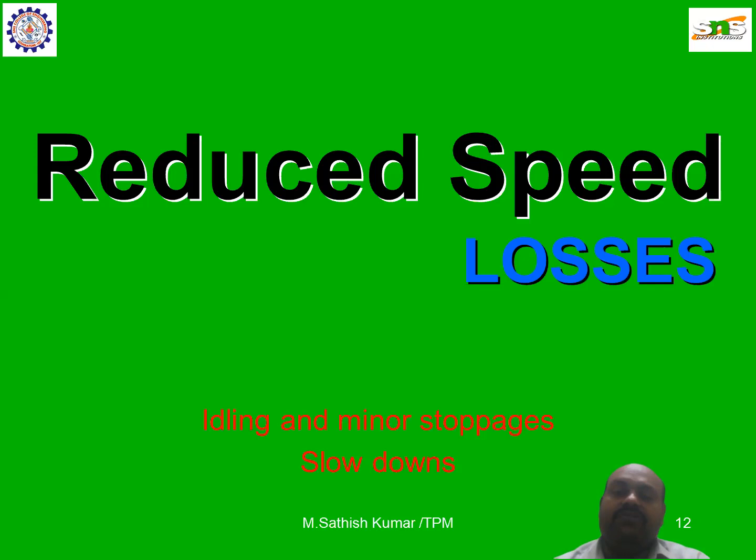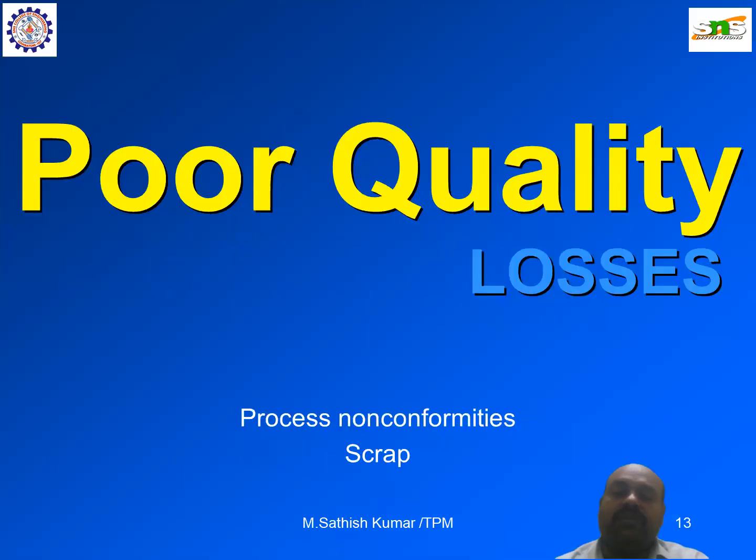Then reduced speed loss, idling and minor stoppages, slowdowns, and poor quality losses, process non-conformities and scrap. Process non-conformities and scrap not only lower the productivity but also increase the cost of production, the cost of any product.